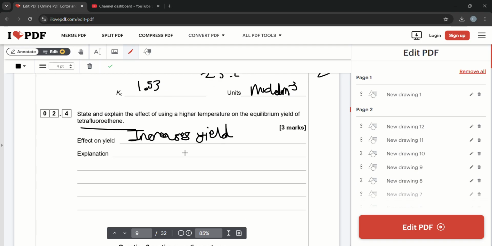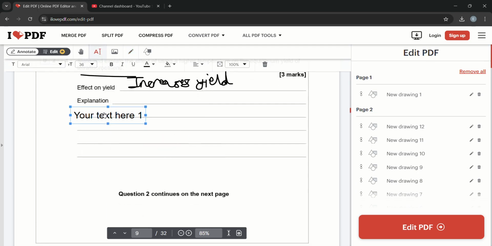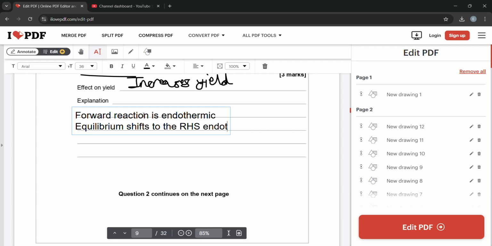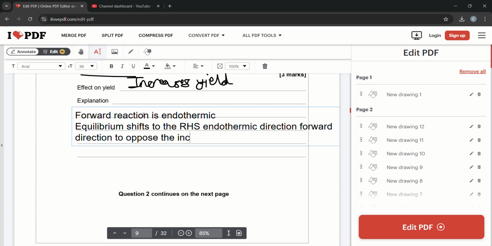The explanation, well, I'm going to type this up pretty quickly. Delta H is positive. That tells me forward reaction is endothermic. Equilibrium shifts to the right hand side, endothermic direction, forward direction, to oppose the increase in temperature.